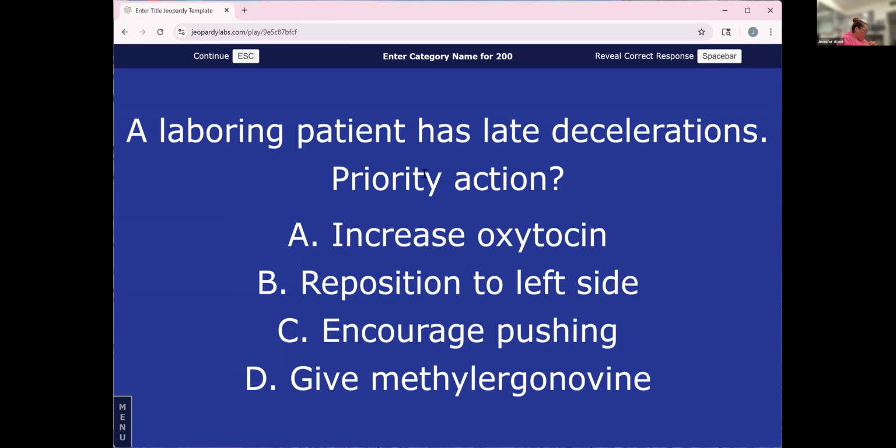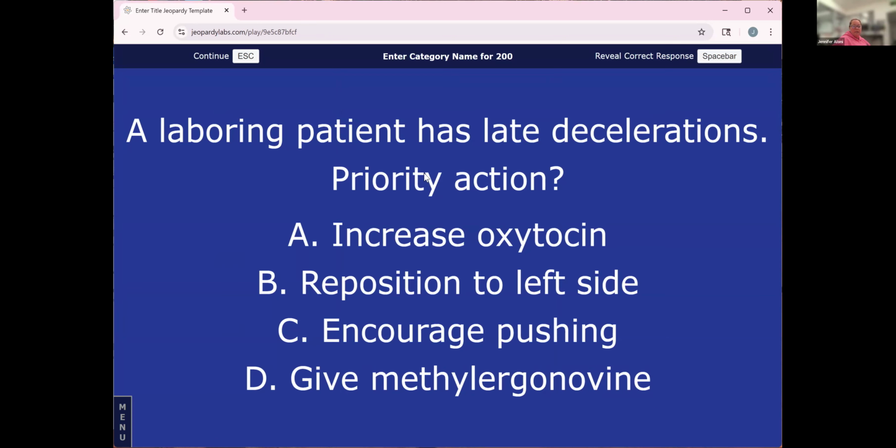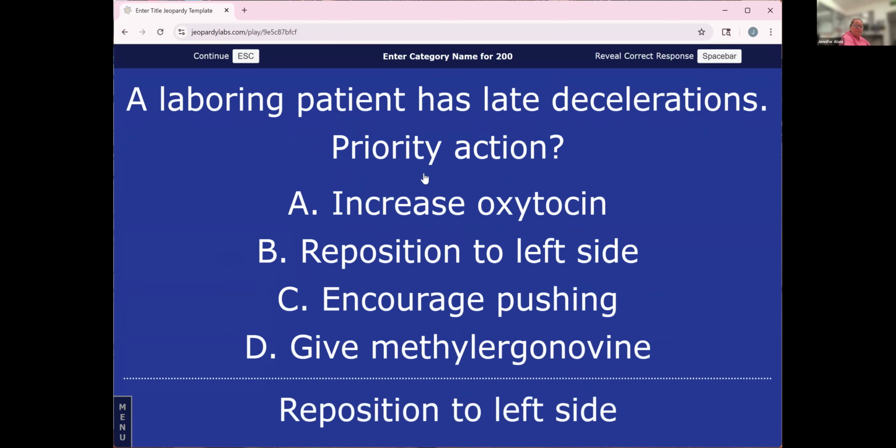What does that take pressure off of? The vena cava, right? That goes down your back. You go on the side. Left side always is going to give you the best option.